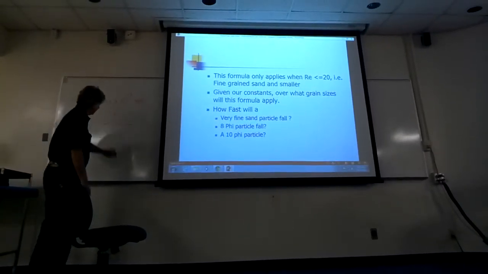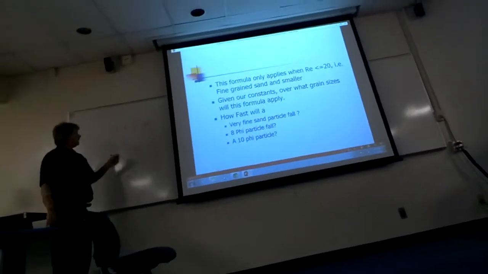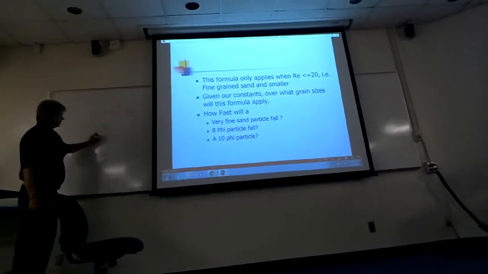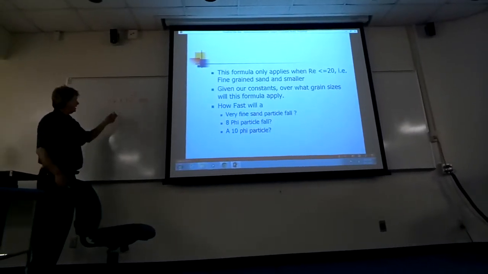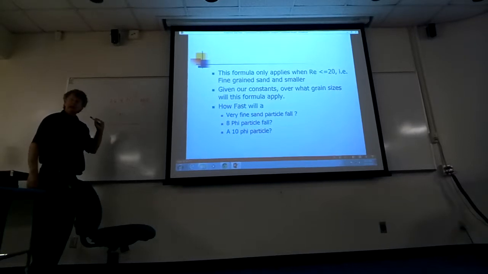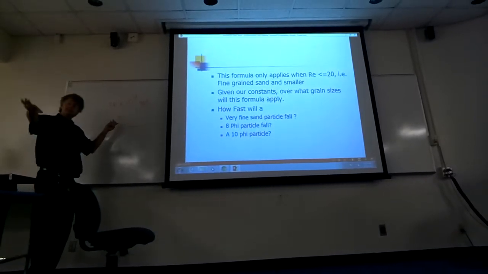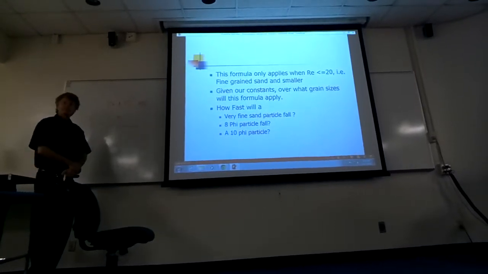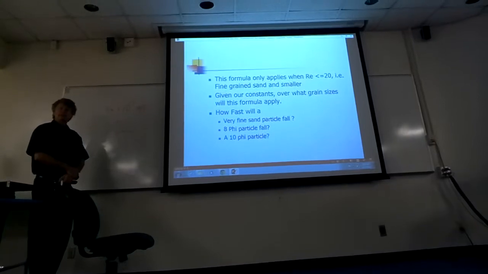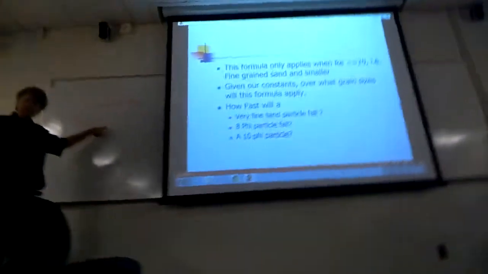So if we're in a stream that's a meter deep, it's dropping 3 millimeters a second. Say about 30 seconds to drop a meter? 3.4 millimeters a second. In 10 seconds, it's gone 3.4 centimeters.